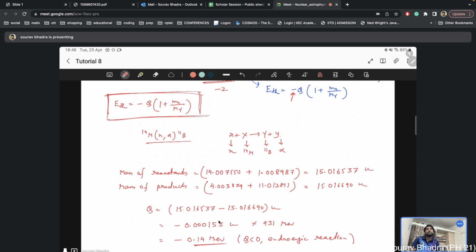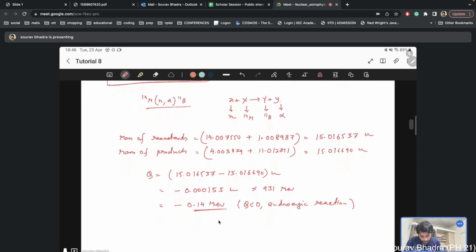Although it has been asked for the threshold value, the answer will be that for that particular reaction, if you get Q greater than 0, there will be no threshold value of the projectile. If you get Q less than 0, or negative, only then the threshold energy will come into the picture. Please remember that.